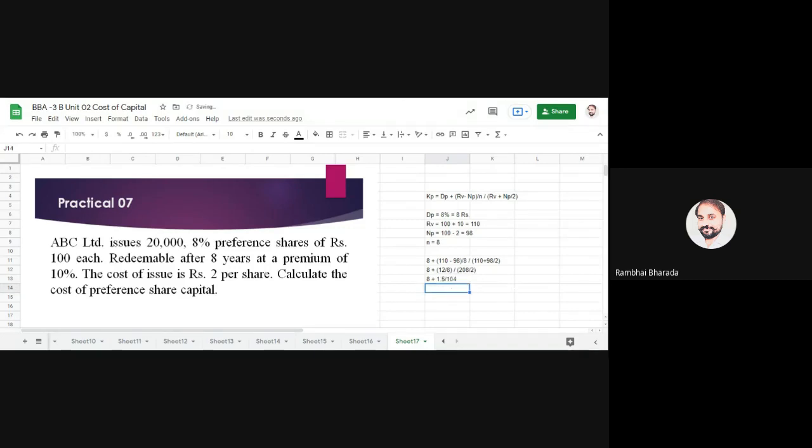So 1.5 upon 104. So 8 plus 0.0144, and the final answer is 8.10144.